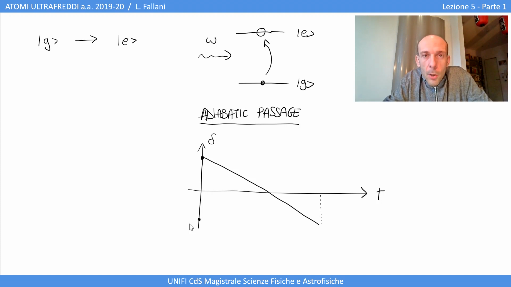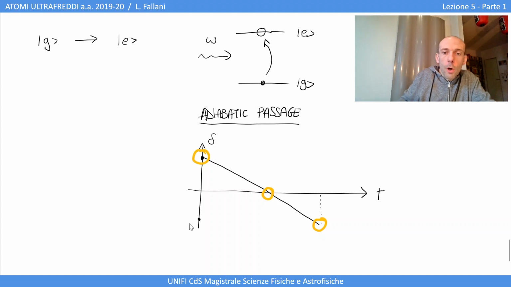The important point is that it should start from a positive value and end at a negative value, and it should cross the resonance at some point. We call it adiabatic because in the ideal case we want this passage, this change in the parameters, to happen over a very long time, in particular much longer than the inverse of the Rabi frequency.